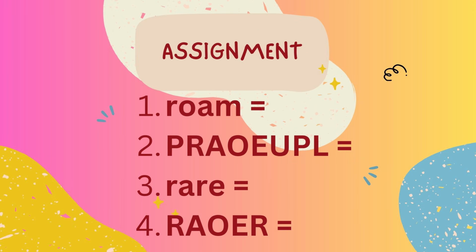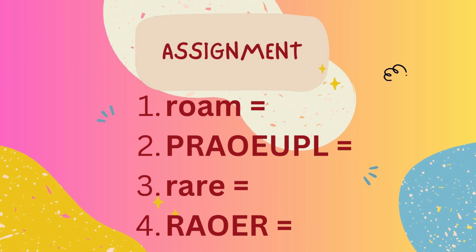And we are now at the end part because I'm giving you an assignment. The first one is an English word, and you're to give me the machine shorthand outline. Number 2 is an outline, and you're going to give me the English word. For number 3, it's an English word, and you're going to give me the outline.